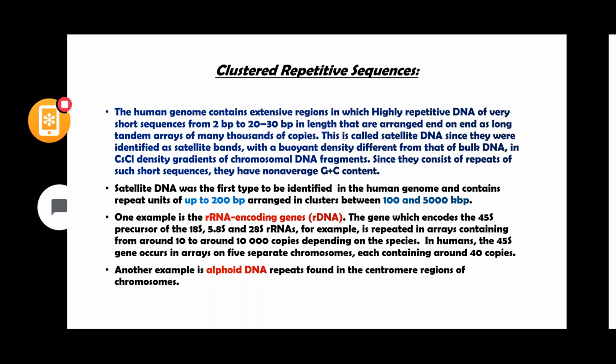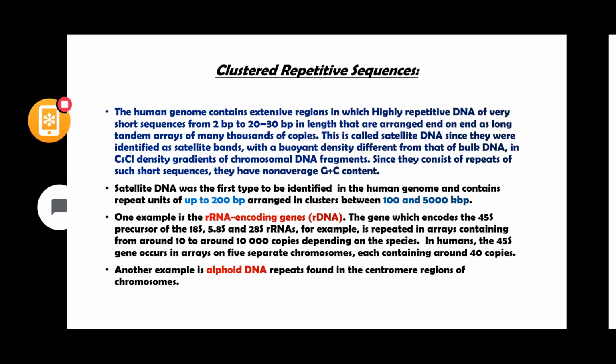These are arranged end on end as long tandem repeats, or long tandem arrays, of many thousands of copies. This type of highly repetitive DNA sequence is called satellite DNA.